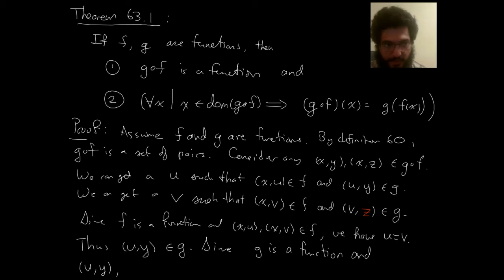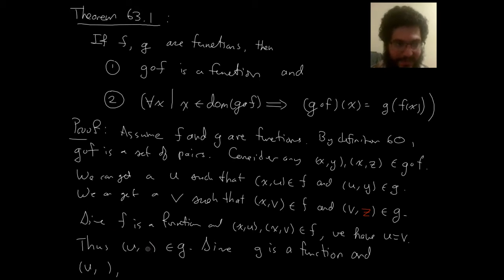So then, yeah, this also was a v. Yeah, so we do actually have (u,y) and, wait, no, z.